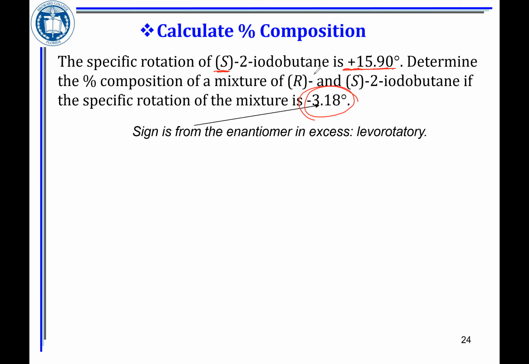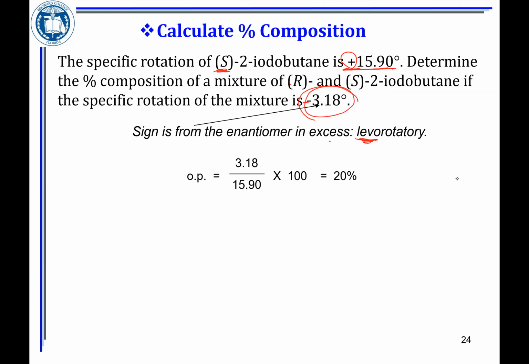The sign of the rotation comes from the enantiomer in excess, which is levorotatory, meaning left rotation or minus sign. Since we already know that S is positive, then R is negative, and the percent of R is going to be higher in this case.